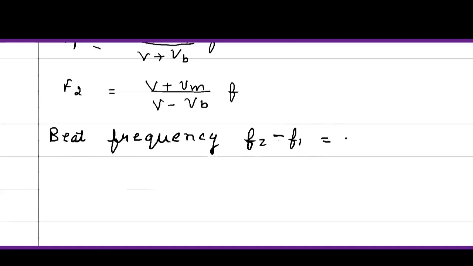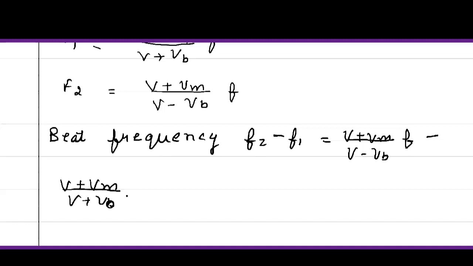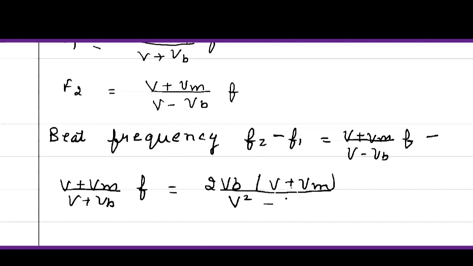Which is equal to (v plus vm) divided by (v minus vb) into f minus (v plus vm) divided by (v plus vb) into f, which on calculating gives 2vb (v plus vm) divided by (v square minus vb square) into f.